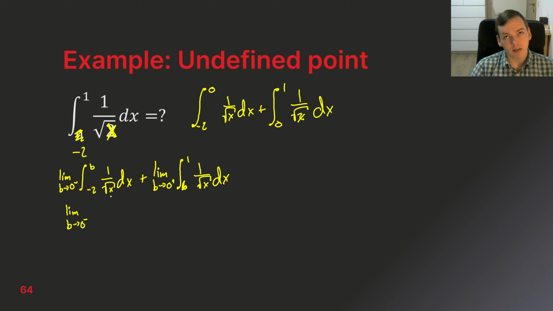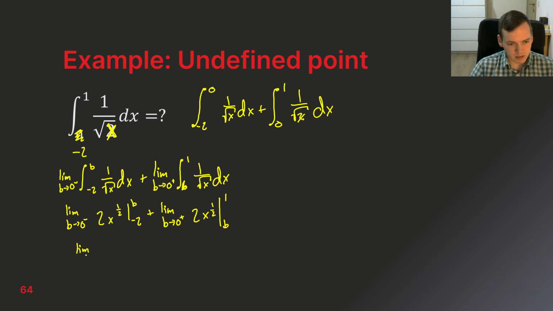Limit as b approaches 0 from the negative side. X to the negative 1/2, if I add 1 I get x to the 1/2, so this should be 2x to the 1/2 from negative 2 to b, plus the limit as b approaches 0 from the positive side of 2x to the 1/2 from b to 1.